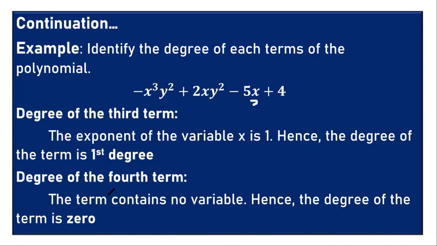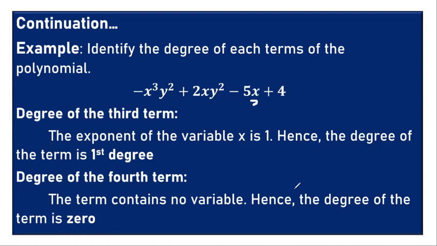Hence, the degree of the term is 0. So all constants have a degree of 0. So that's how you identify the degree of the terms. You just need to add the exponents of the variables in that term.